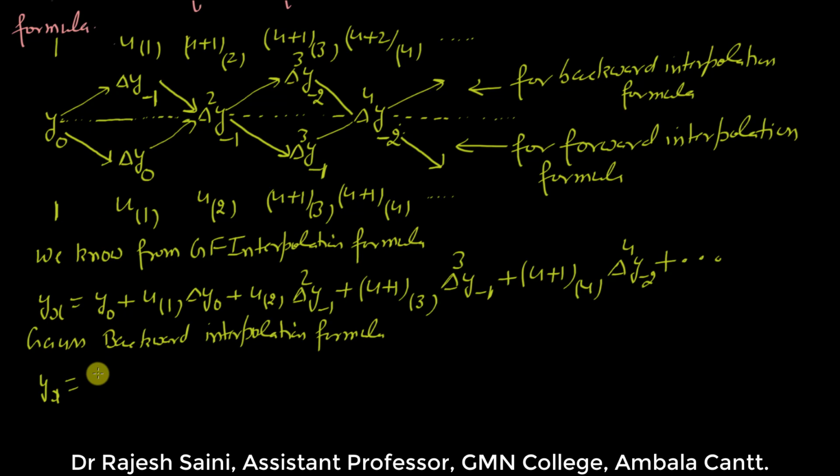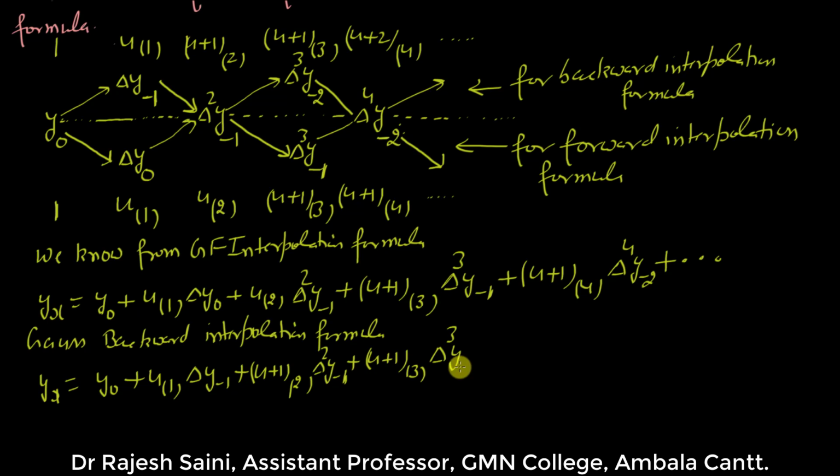It will be y naught plus u1 coefficient, upper coefficient now, and above the line delta y minus 1, exactly right below, so that we can take the mean, plus u plus 1 subscript 2 delta square y minus 1 plus u plus 1 subscript 3 delta cube y minus 2, this coefficient and this one multiplied.